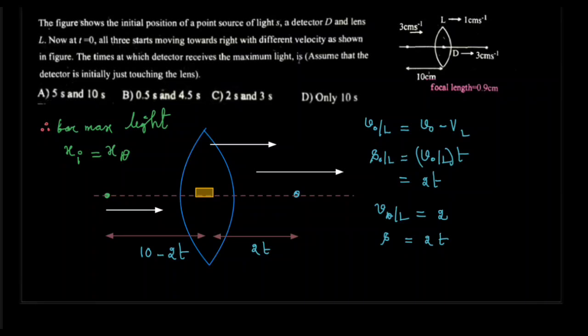Therefore, from the lens formula, 1 by v minus 1 by u equals 1 by f. So 1 by v will be positive, therefore 1 by 2t minus 1 by (10 minus 2t), but here we need to add, so minus of minus is plus, equal to 1 by f.